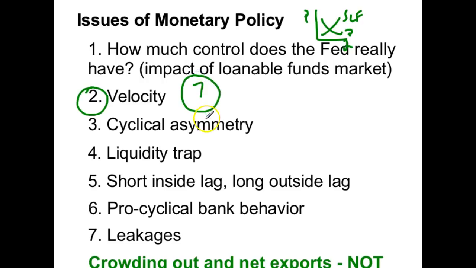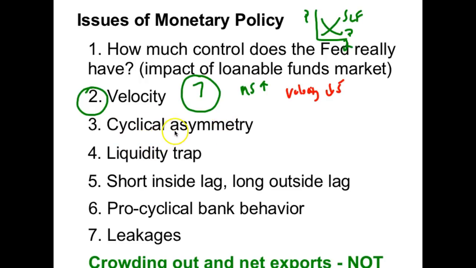So if the Fed increases the money supply, hoping that will increase the GDP, it's possible that we might slow down the number of times we spend dollars. We might not necessarily want to be spending that much money. They're trying to increase the money supply. We're in a recession. We're like, don't necessarily need to. So if we slow our velocity down to, say, 5, then having more money won't necessarily result in more frequent spending. So velocity can be a problem.